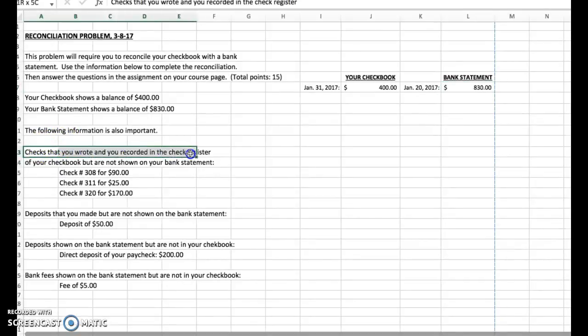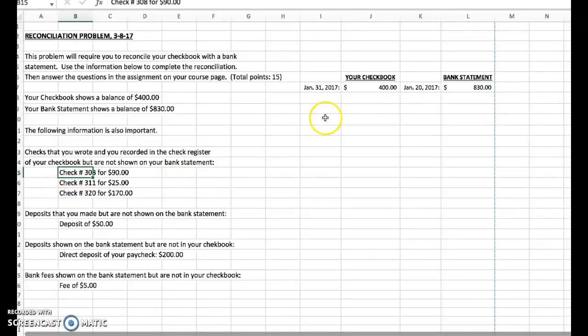Checks that you wrote and you recorded in the check register of your checkbook but are not shown on the bank statement. Why would that be? Well, you wrote check number 308 for $90.